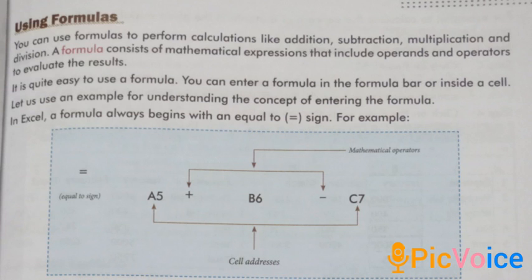You have to start with the equal sign. First you enter the equal sign, then A5, then plus sign, then B6, again minus sign and C7. Then you press the enter key and your result will be evaluated.